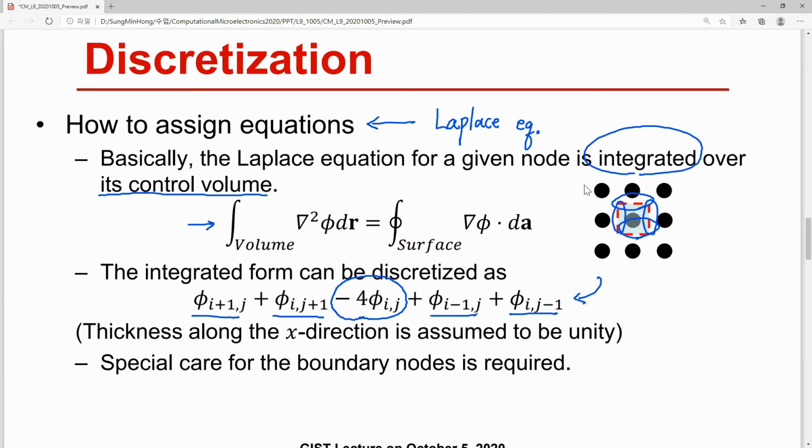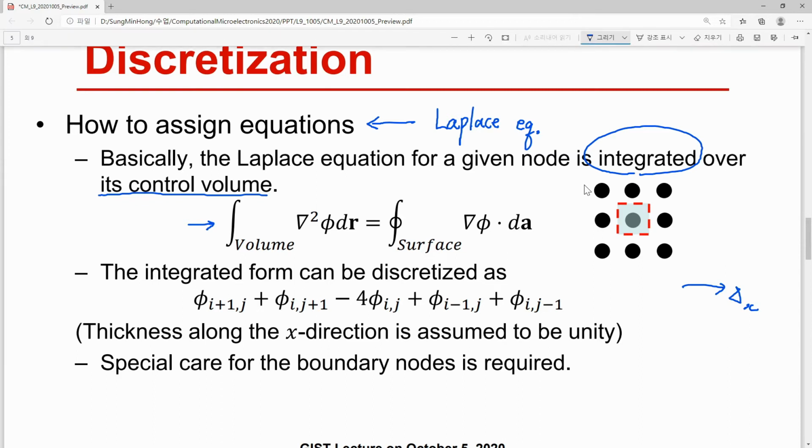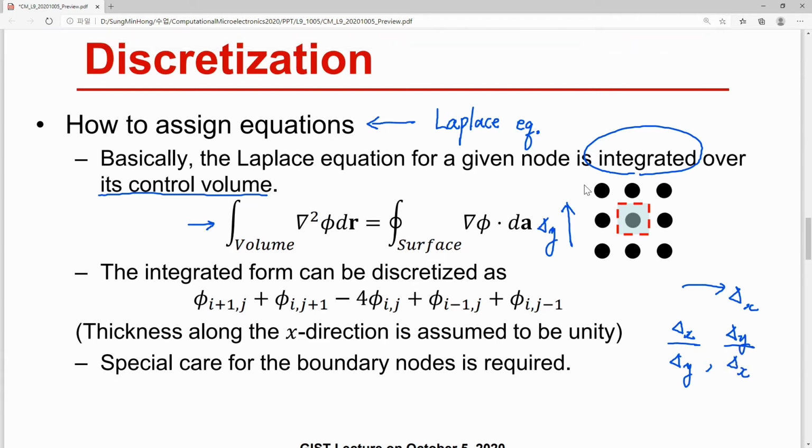And one thing you can also easily understand is that when we introduce different spacings along the x direction, delta x, and the y direction, delta y, then the only difference is that it has certain factors, for example delta x over delta y or delta y over delta x, depending on the direction. Okay, so you can understand it quite easily.